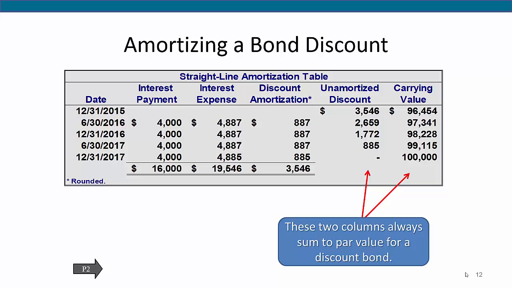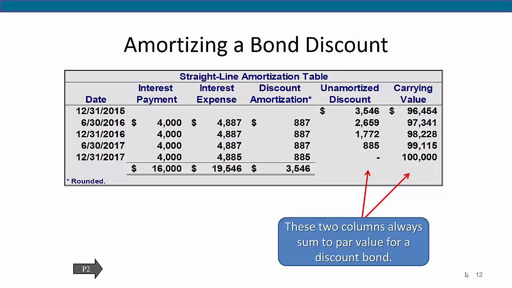During the bond's life, the unamortized discount decreases each period by the $887 amortization, and the carrying value, which is the par value less the unamortized discount, increases each period by $887. At maturity, the unamortized discount equals 0, and the carrying value equals the $100,000 par value that the issuer pays the holder.